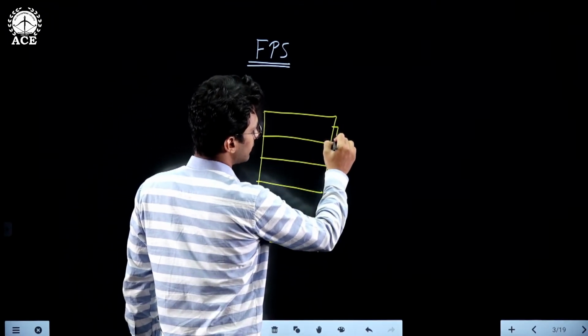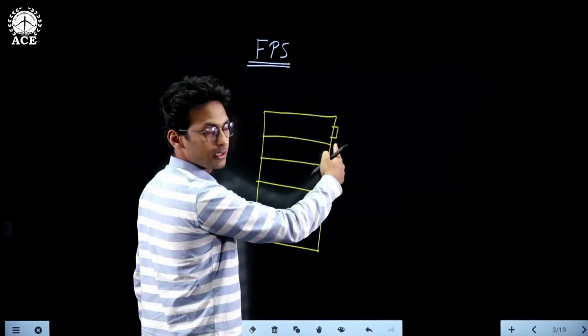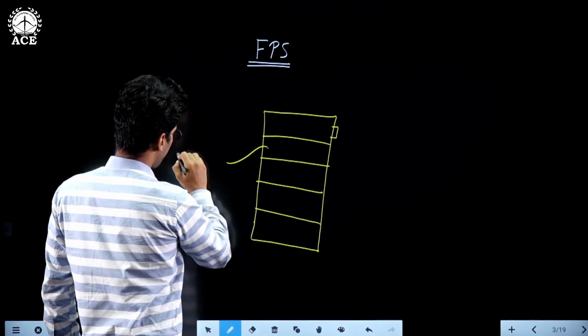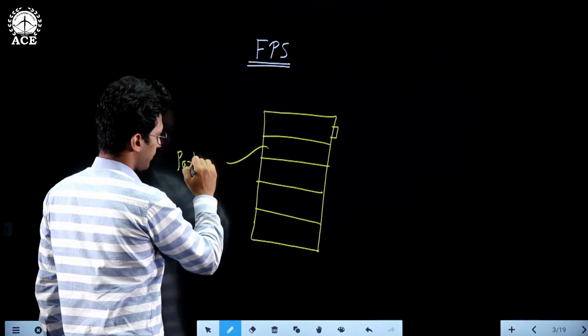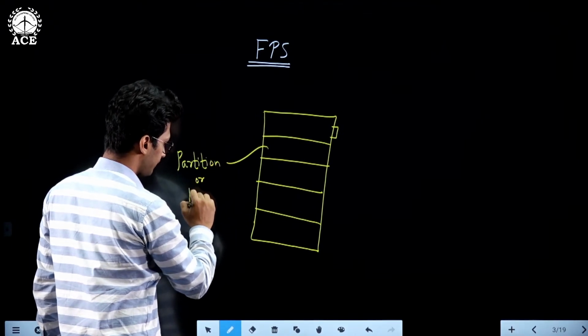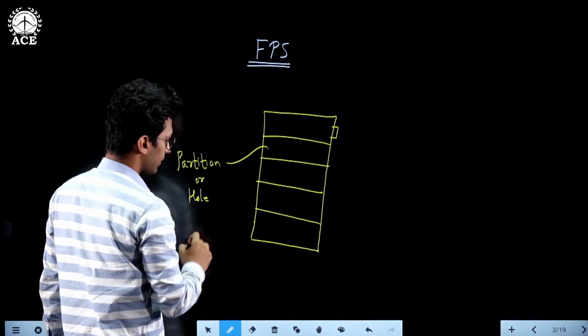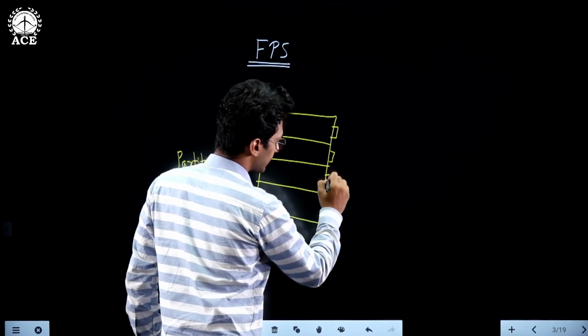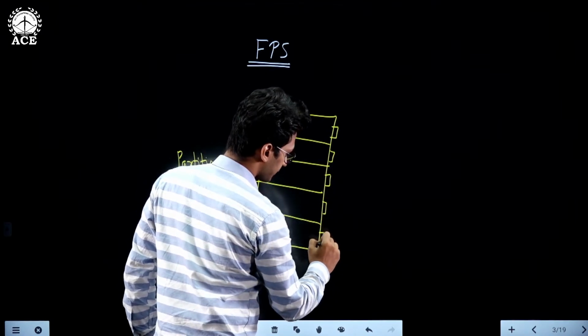This is the limit register which indicates the limit of that particular partition. This is partition or hole, or slot, something like this. Now this is the limit register which indicates the limit of that particular slot.